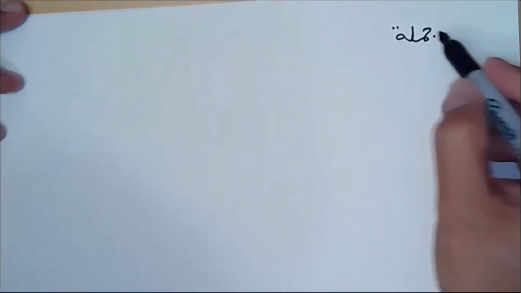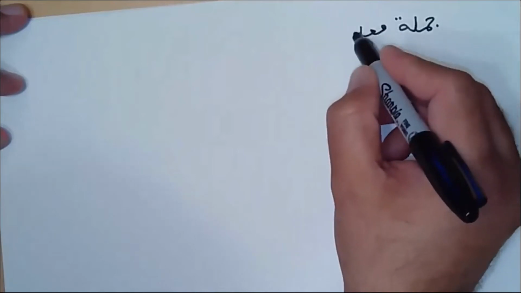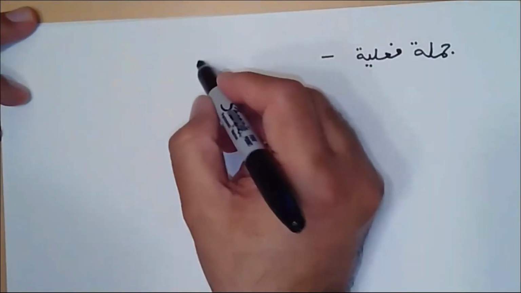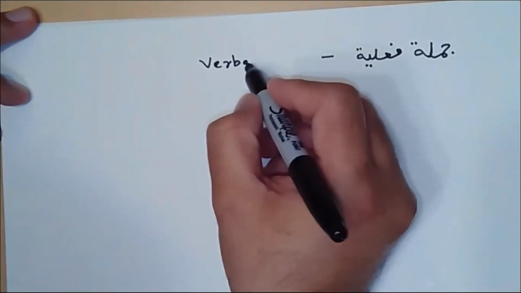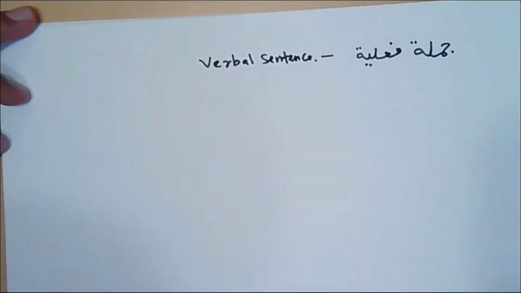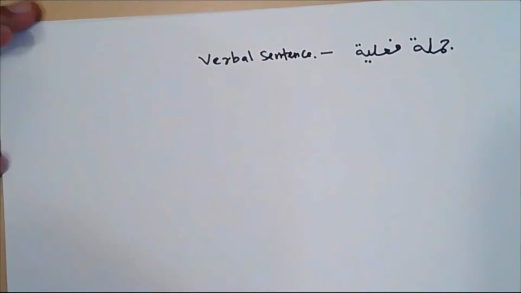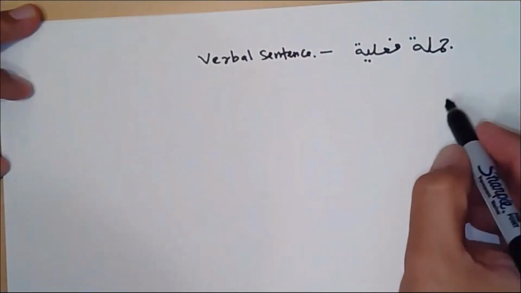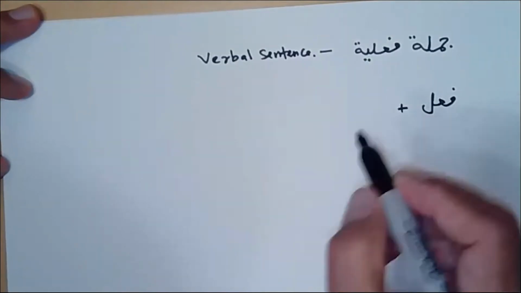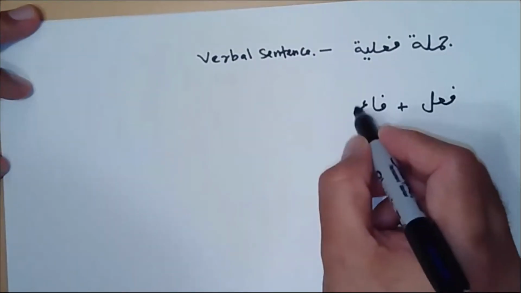Jumla Felia. How many people remember that? Yeah, the one which starts with the verb. Yes. So this is a verbal sentence. Okay. So what are the components of a Jumla Felia? First of all, it starts with a fa'il. Then it must have a fa'il.